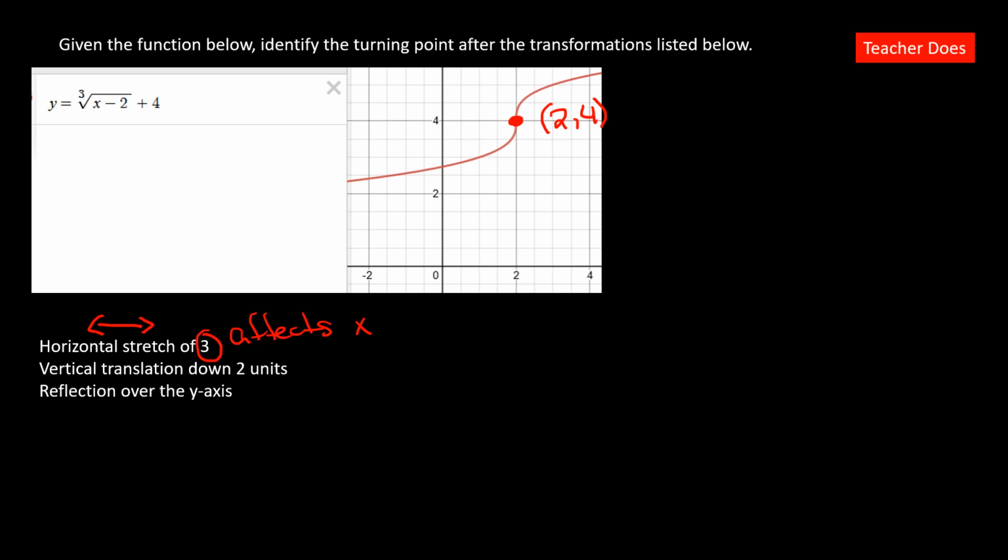So we're actually doing 3 times our x value, which is 2, which equals 6. So our new point is going from (2, 4) all the way out here to (6, 4), because we stretched it out, right? So this was the stretch.